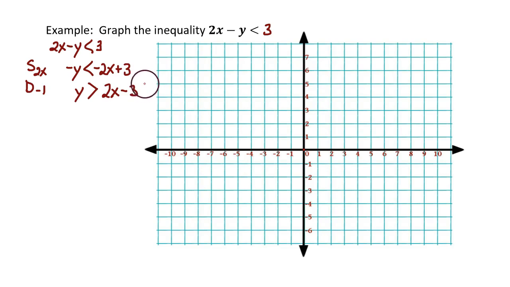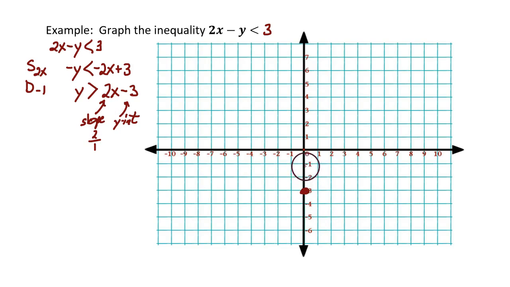I've changed the open sentence into slope-intercept form because that will make it faster for me to draw the boundary line and to know where the shading is. The y-intercept is negative 3. So let's locate a dot at negative 3. The slope is 2, or 2 over 1.